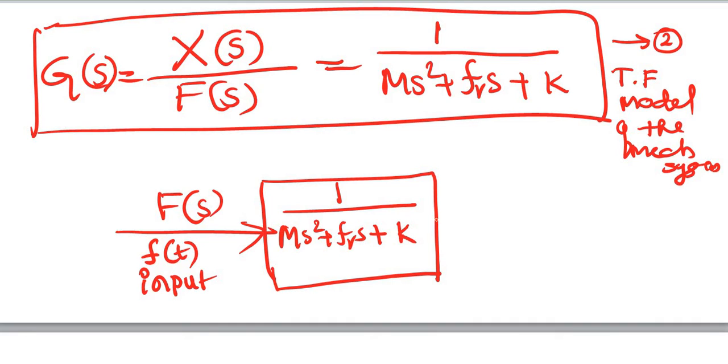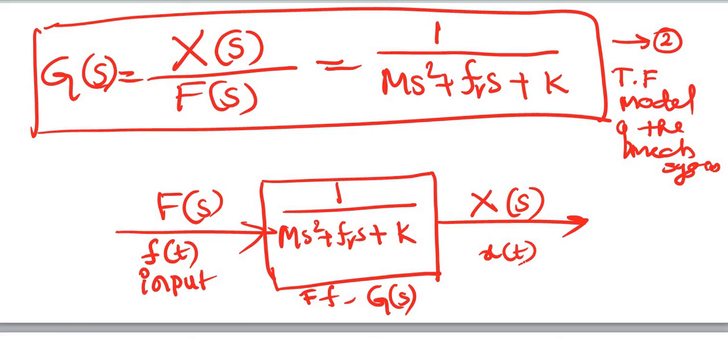So this is the transfer function, usually denoted by G of s, and the output is X of s, or x of t in time domain. Input is the force and output is the displacement.